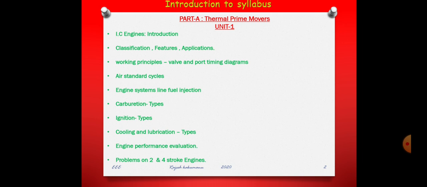This can be used in various technologies. This can be used in various applications like mobile, stationary, and other domestic applications. Next, working principles of two-stroke engines and four-stroke engines. We will discuss the working principles of two-stroke engines and four-stroke engines.